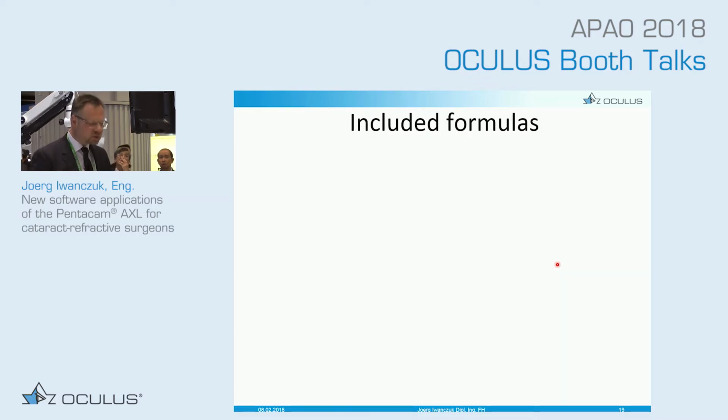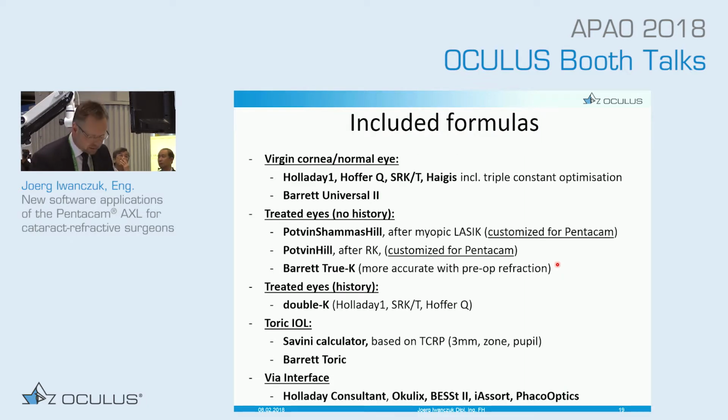So which formulas do we have in the Pentacam AXL? You have actually a solution for every eye, for every cornea, no matter how it is shaped. We have the standard formulas: Haigis, Hoffer Q, SRK/T, Holladay 1. You have the Barrett Universal 2. And now you have formulas which are customized for the Pentacam, Haigis-type formulas for post-myopic LASIK and post-RK.